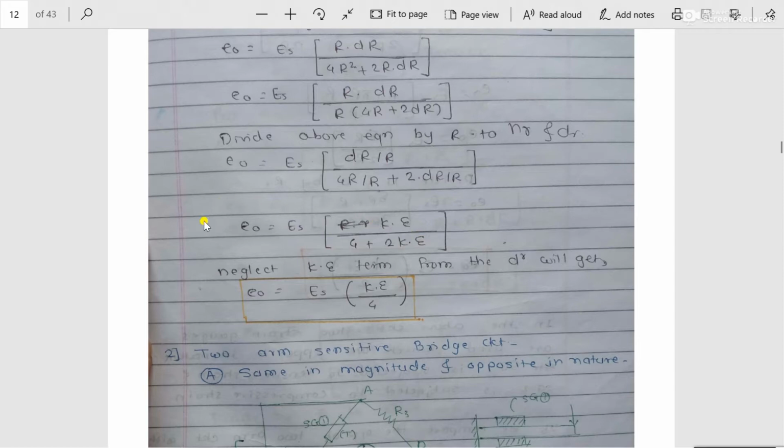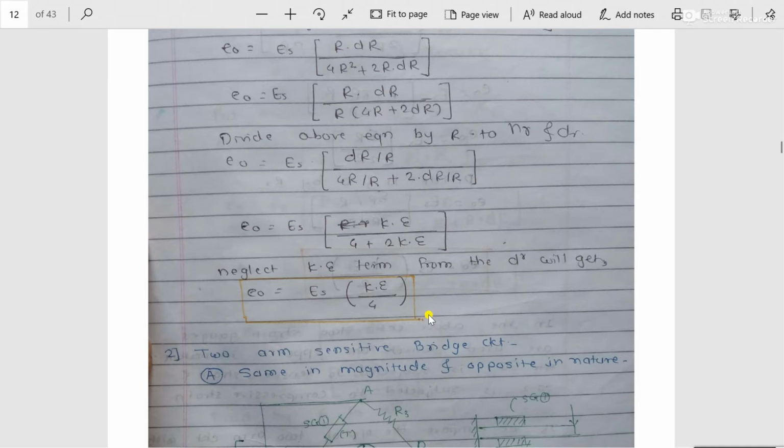So similarly, in the above equation, I have neglected the k into epsilon term from the denominator, and by neglecting this term, I will get the final equation, that is E0 is equal to Es into k into epsilon divided by 4, and this E0 represents the output of the single arm sensitive bridge circuit.